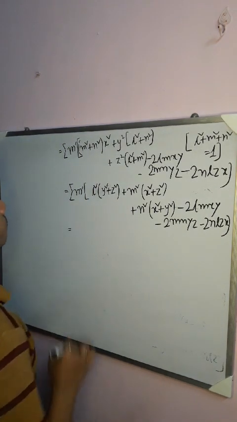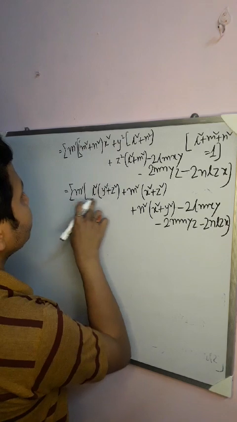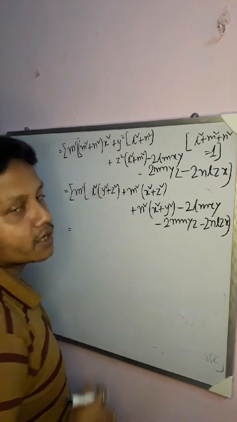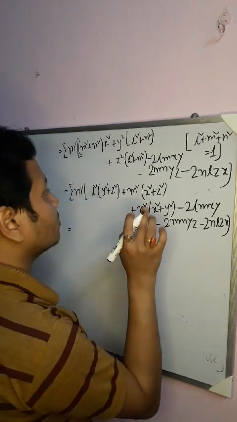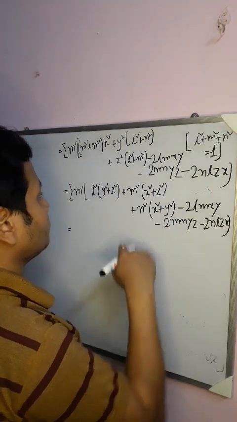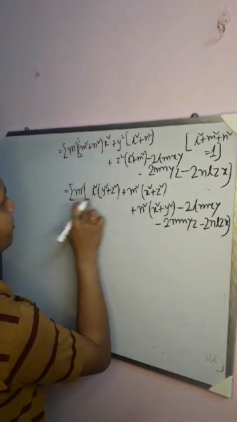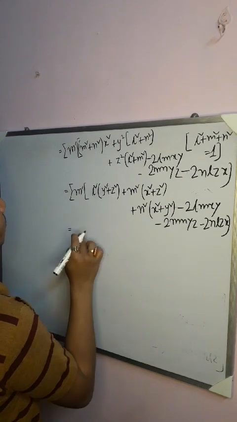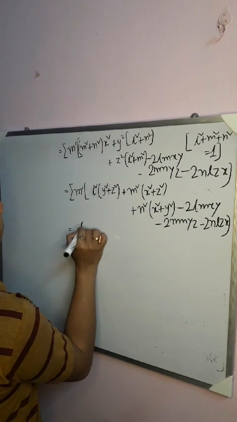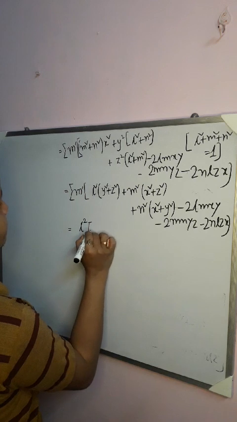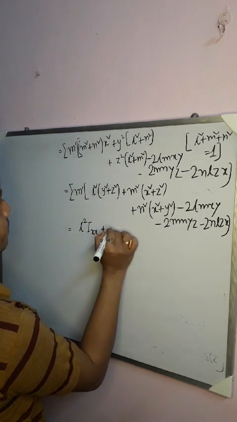Now what is summation over m dash into y square plus z square? That means the distance of the entire body from the x axis. So summation over m dash into this can be written as the moment of inertia along the x axis, that is Ixx.